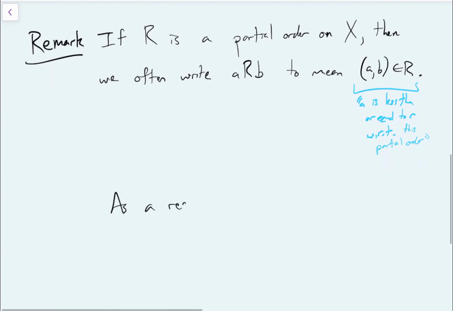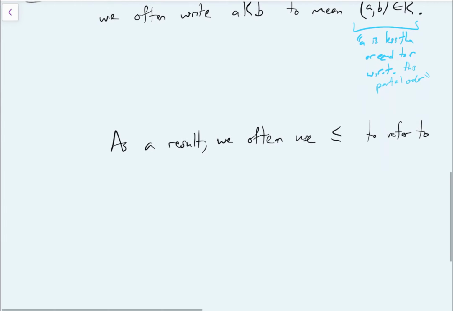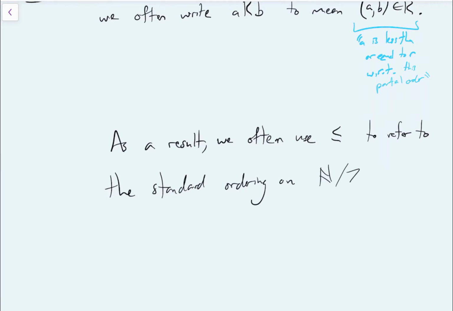And so, as a result, we often use the symbol less than or equal to denote the standard ordering on N or Z or R or Q, etc. If you have a really standard ordering, I guess these four examples that we talked about, we use this symbol less than or equal to denote that partial order.